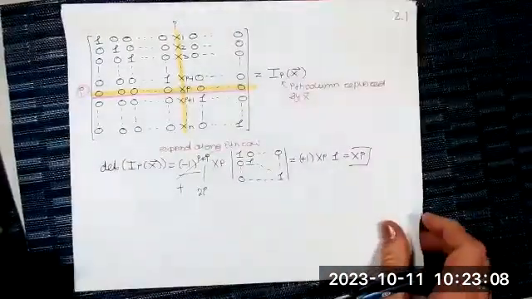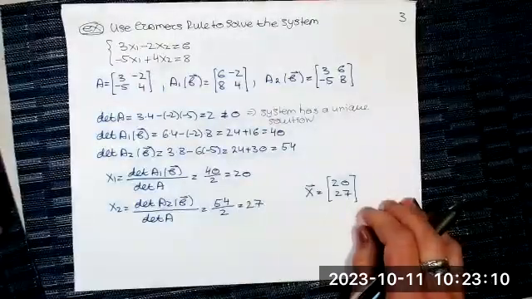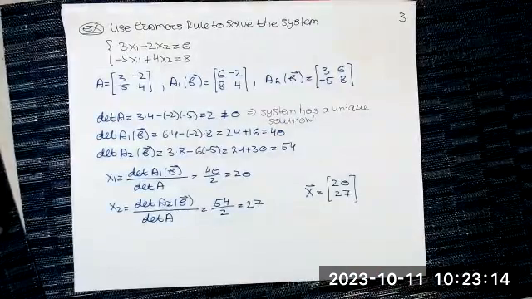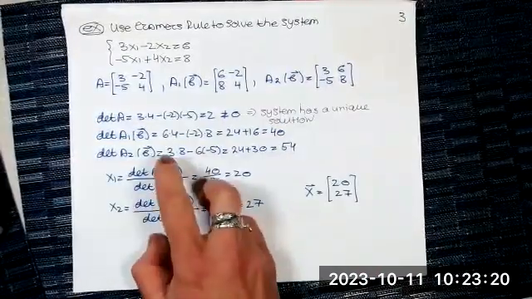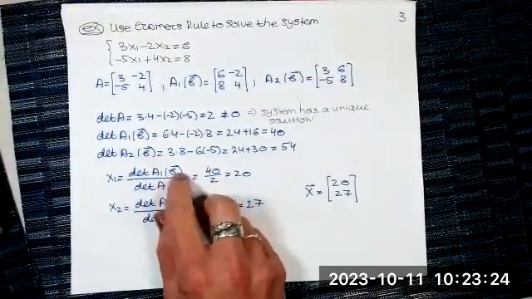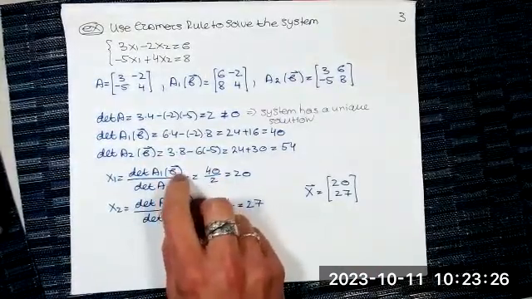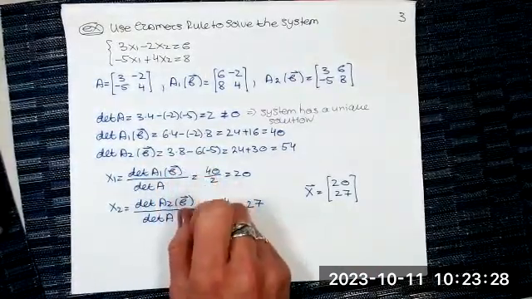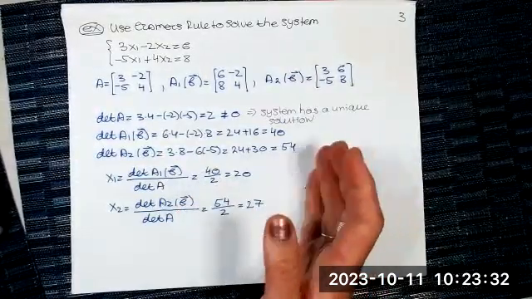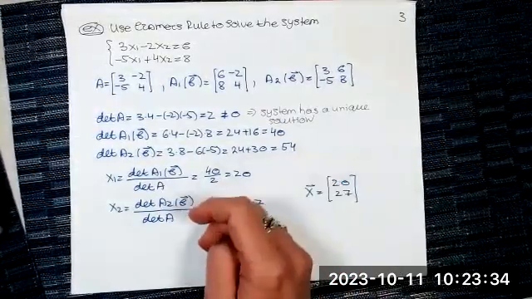It's a pretty straightforward rule to apply to solve systems, but for larger matrices you have to compute a lot of determinants. For each element x, you have to compute the determinant of a matrix with B in different columns, so for an n by n system you have to compute n plus 1 determinants.